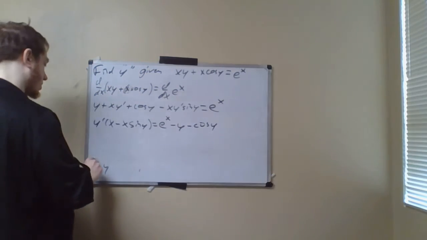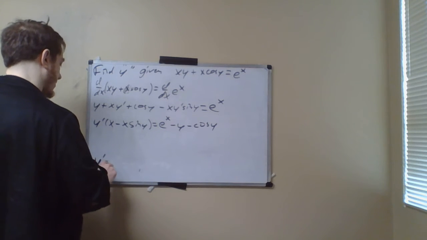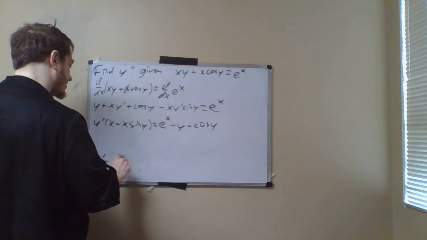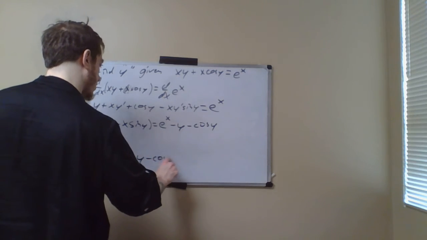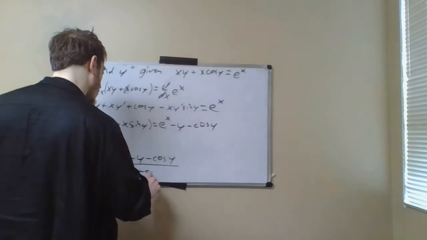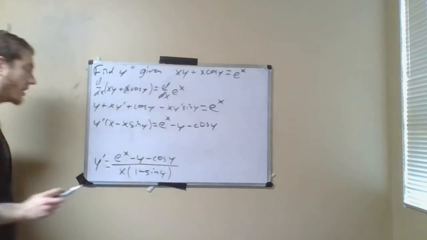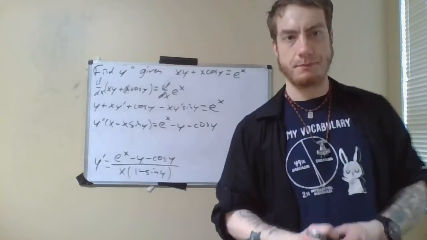And this means we're going to get, and I'm going to write this at the bottom because we're going to have to erase this work that we've done in a moment, y prime is equal to e to the x minus y minus cosine y divided by x times 1 minus sine y, where notice here that I have factored an x out.